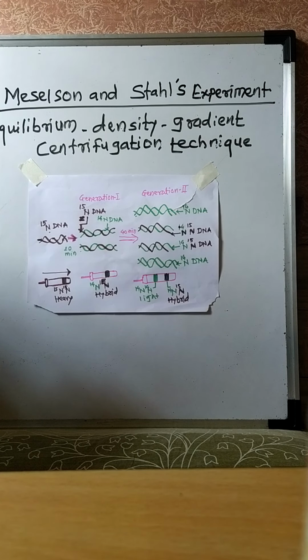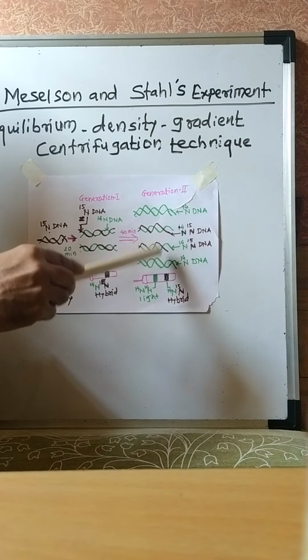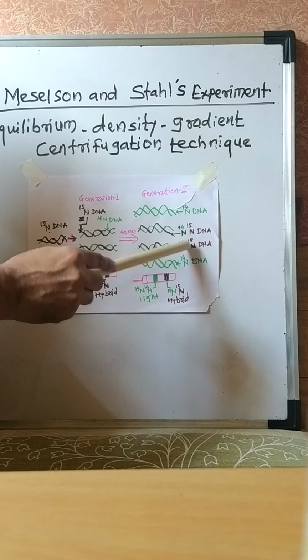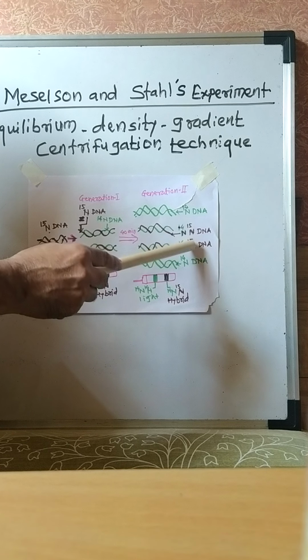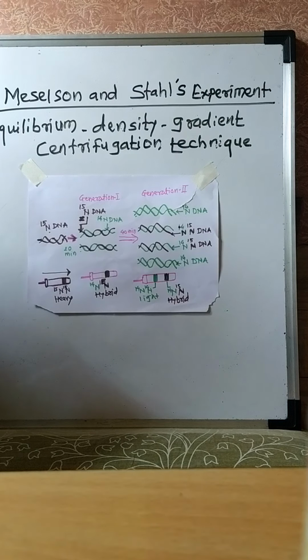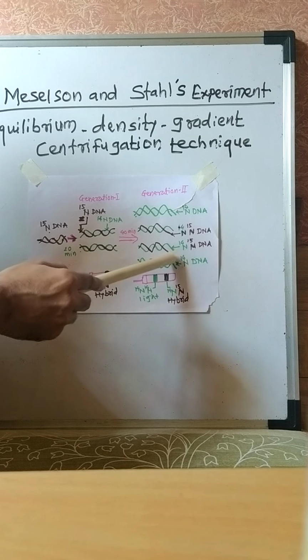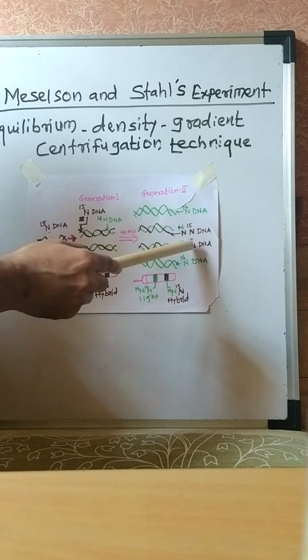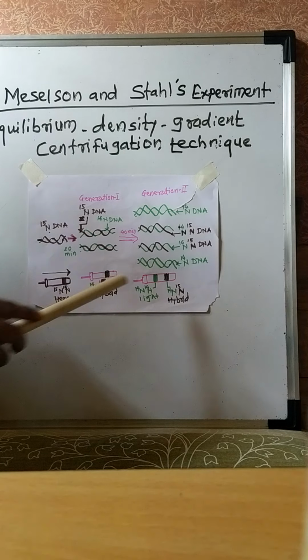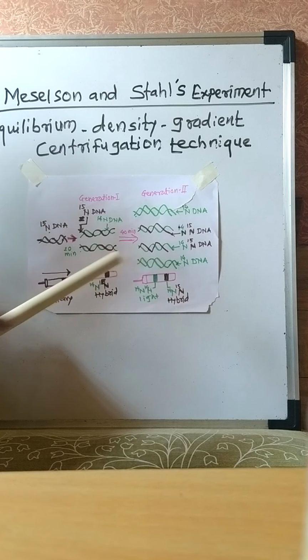After the second generation, two density gradient bands were obtained, as you can see here: one at the N14 and N15 position and the other at the N14 position.